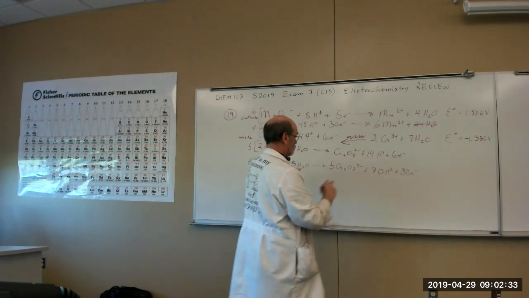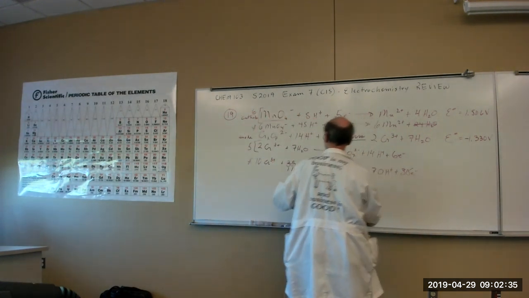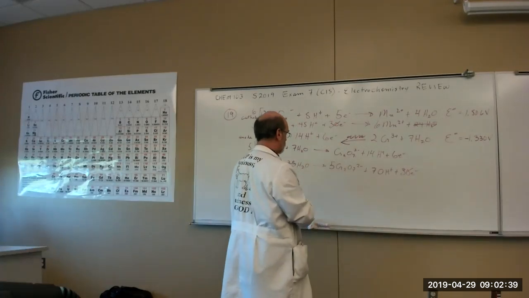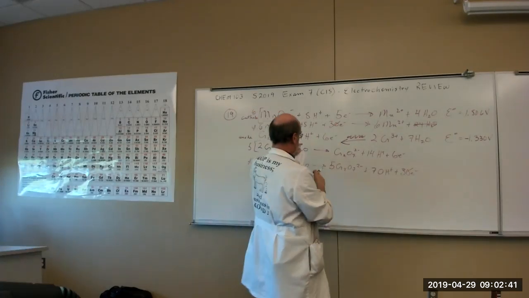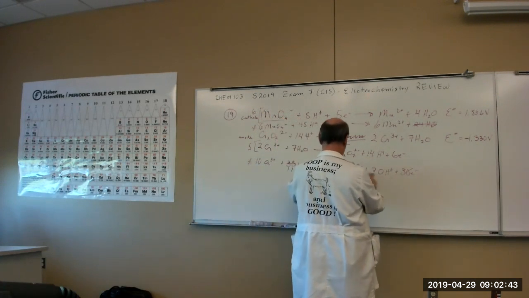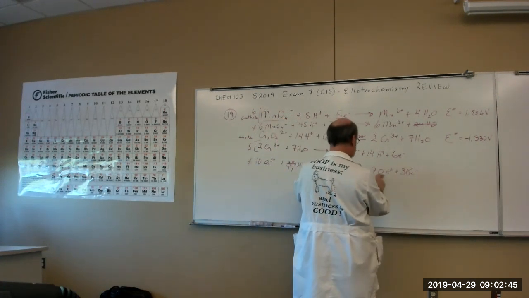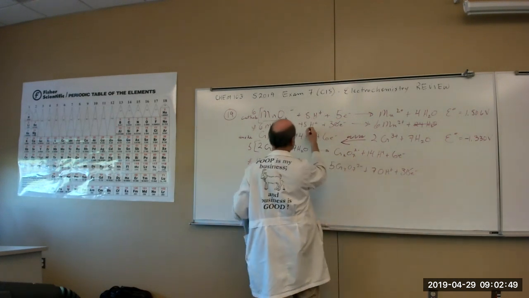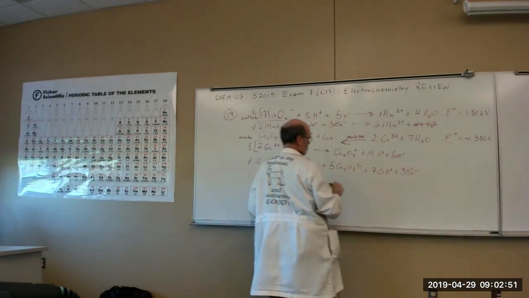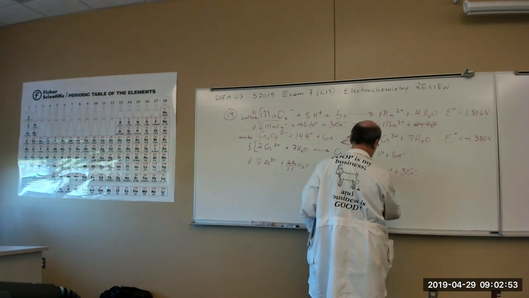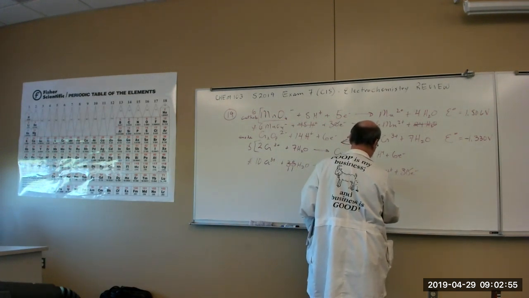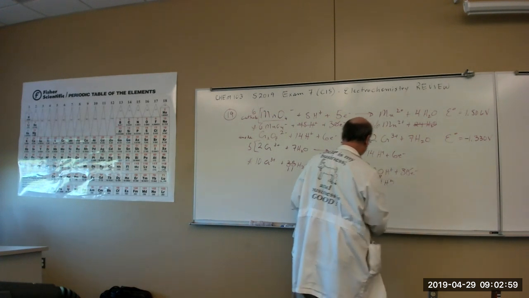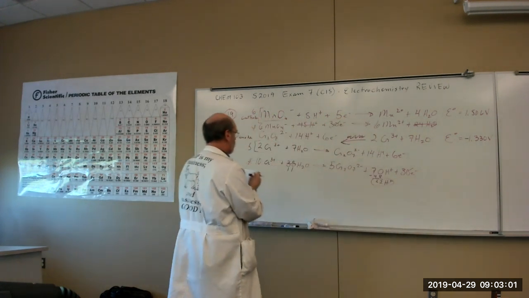The electrons cancel because that's the way we set it up. Okay, hydrogens. So this one has 70 hydrogens. This one has 48. So these 48 are gone, and 22 hydrogens left over. Okay, now we can combine it.